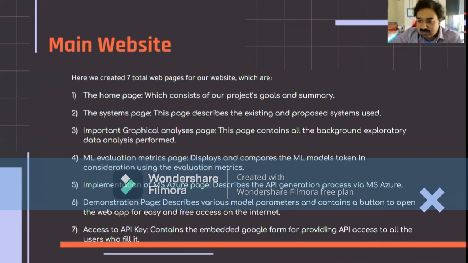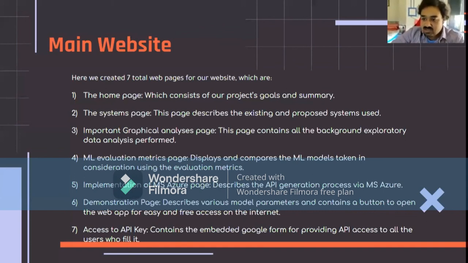The next is the machine learning metrics page. This displays and compares the machine learning models that are taken into consideration using the evaluation metrics. Next is the implementation of Microsoft Azure page. This describes the API generation process via Microsoft Azure, which will then distribute the API to the users via the Google form.